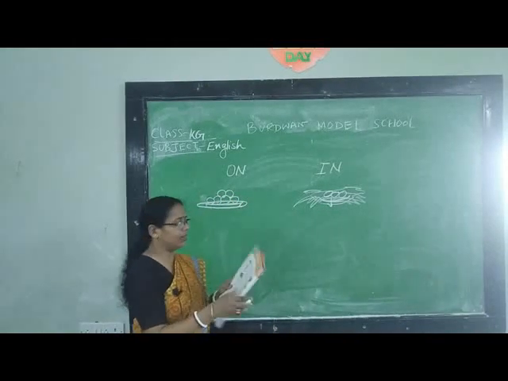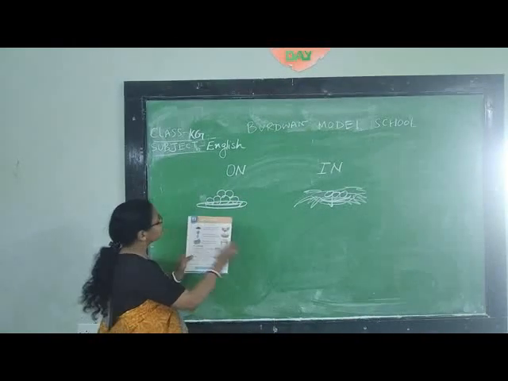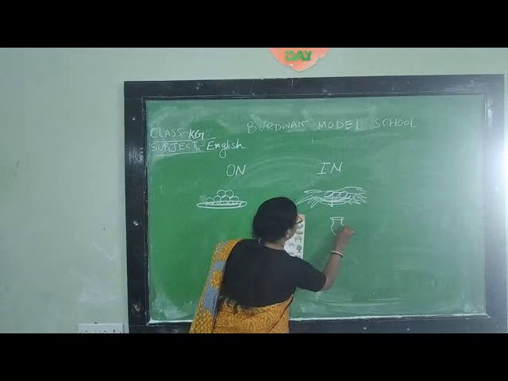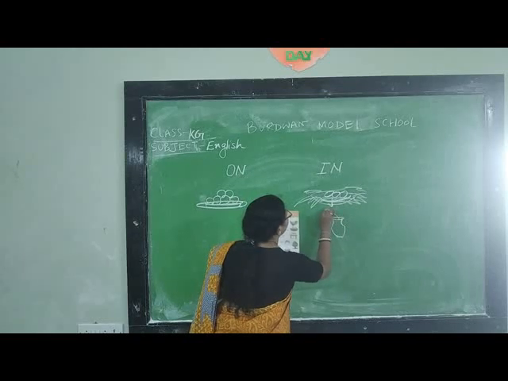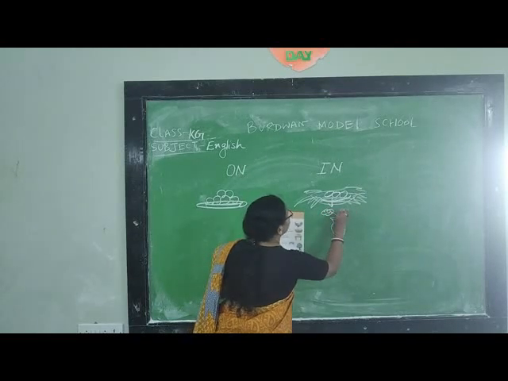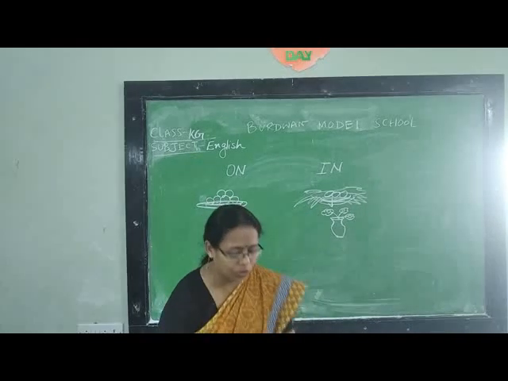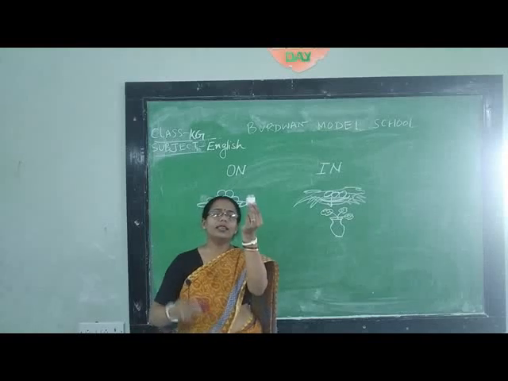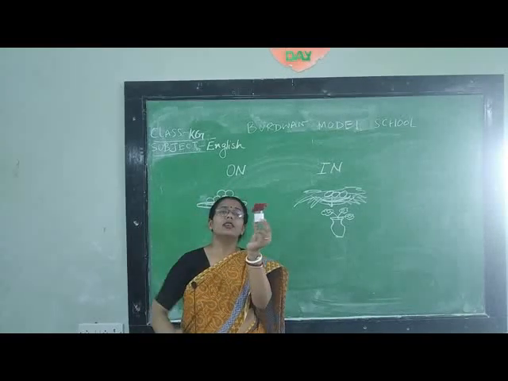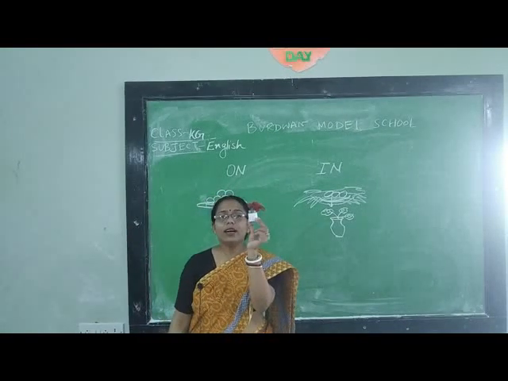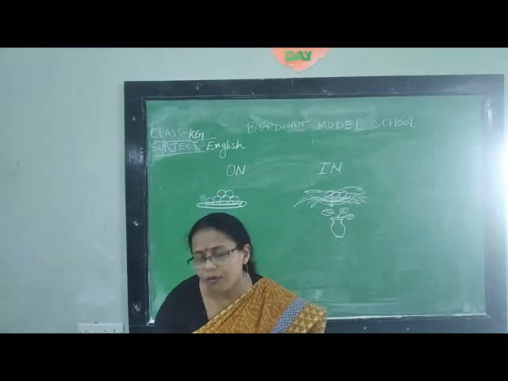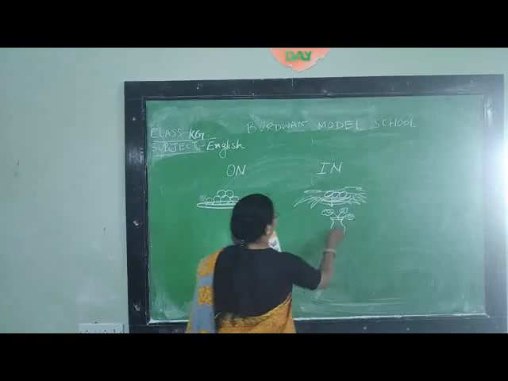Now the next diagram shows a flower vase and some flowers. Is it in the vase or on the vase? As I showed you, imagine this is a flower vase and I have kept these flowers. In the vase. So the flowers are in the vase.